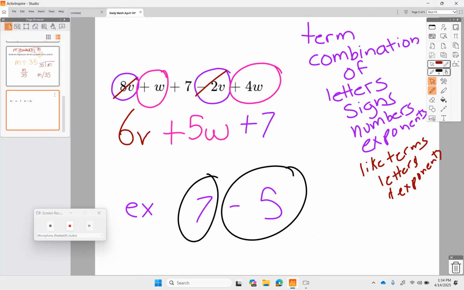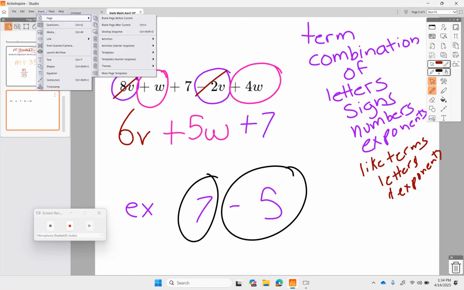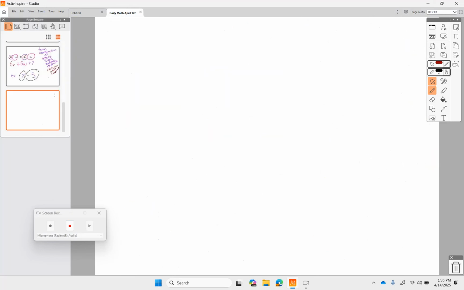The other thing I want to talk about while I have you here is why x and x squared are not like terms.